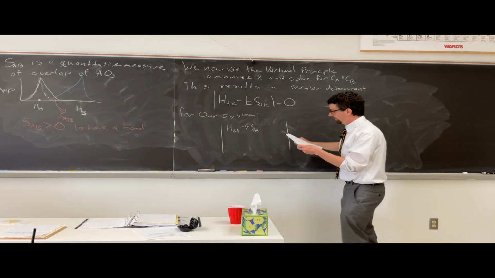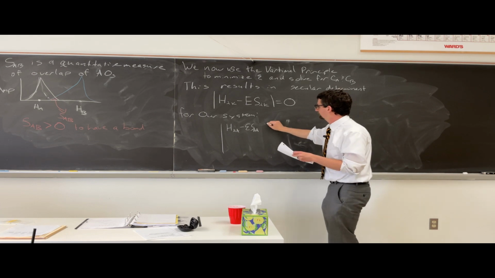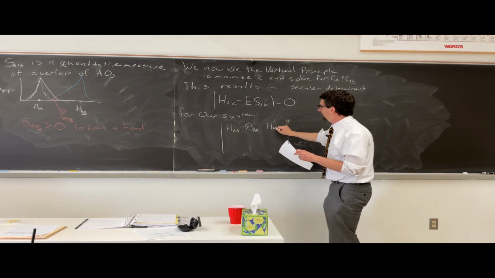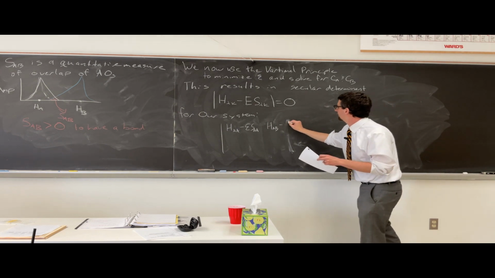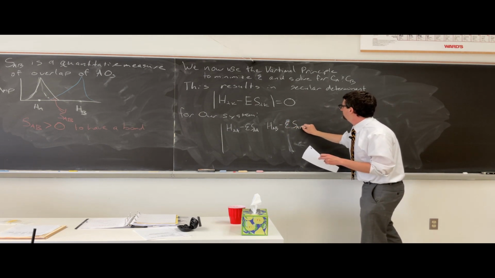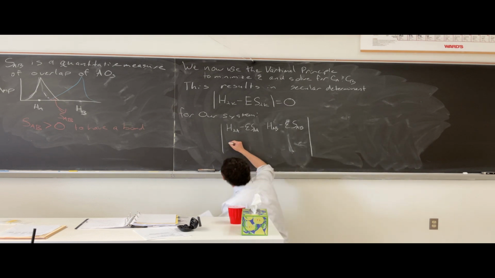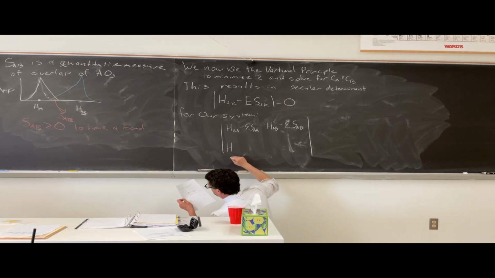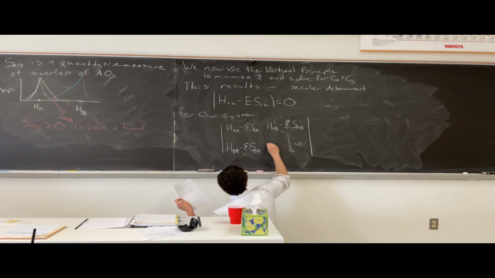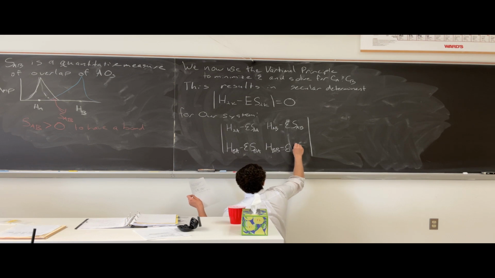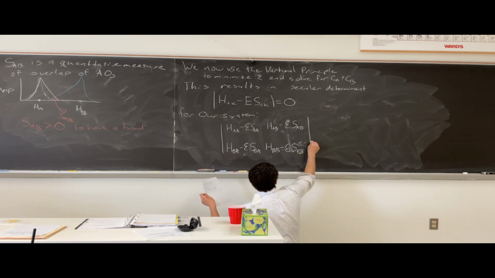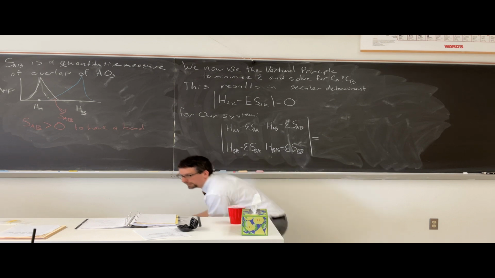What about over here? AB, SAB. Down here, what do we got? Yep. And then over in the bottom right. Yep. And what's this equal to?